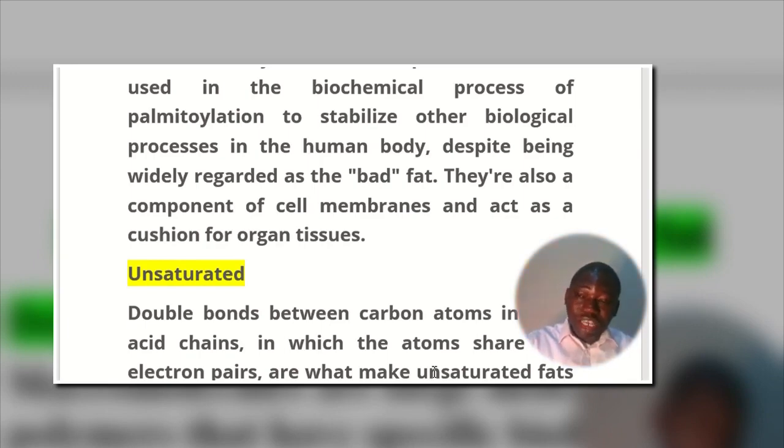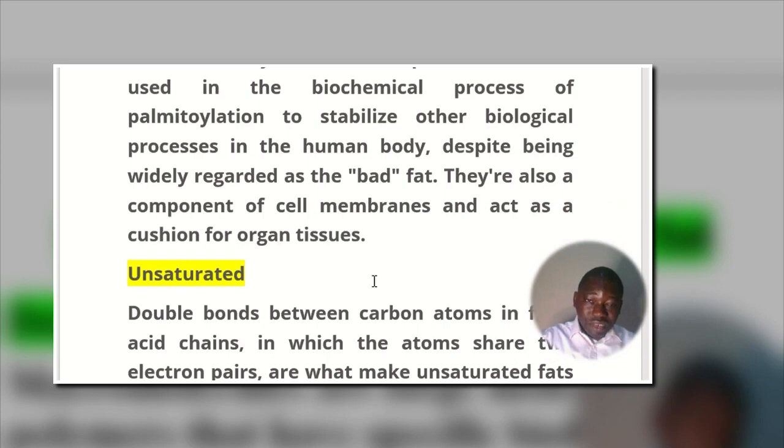When you say you are saturated, what it means is that there is no space in your stomach to take additional food. But if you are unsaturated, that means you still have space in your stomach to take more food in.